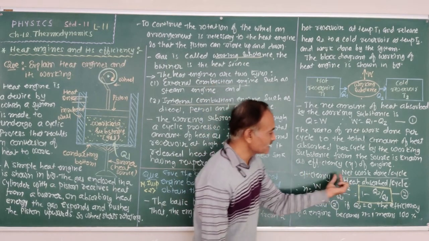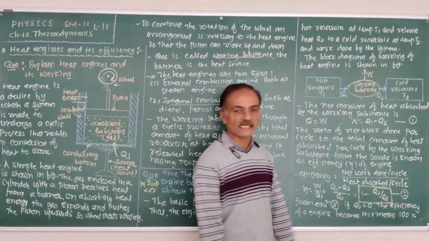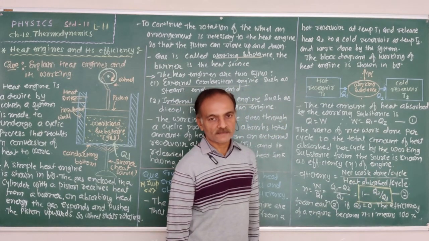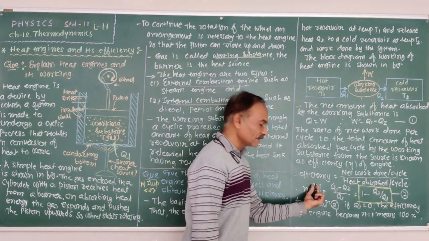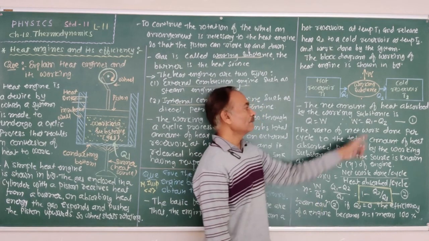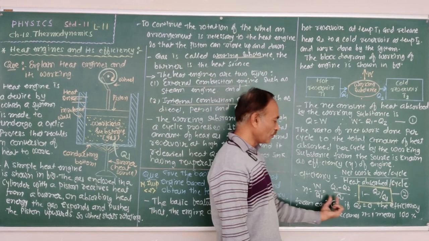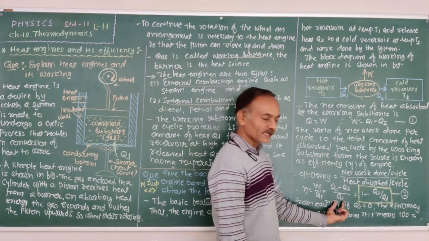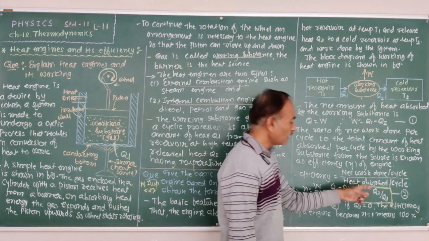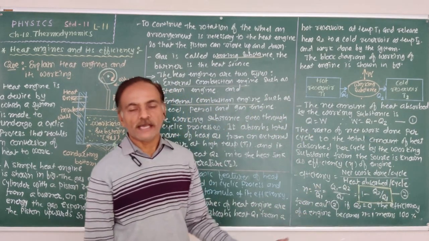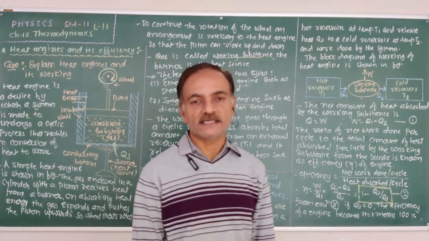Therefore, efficiency is equal to net work done per cycle to the heat absorbed per cycle. Therefore, η is equal to W upon Q1. But from equation 1, W is equal to Q1 minus Q2, upon total amount of heat absorbed Q1. Therefore, 1 minus Q2 upon Q1 is the equation of efficiency of a heat engine.